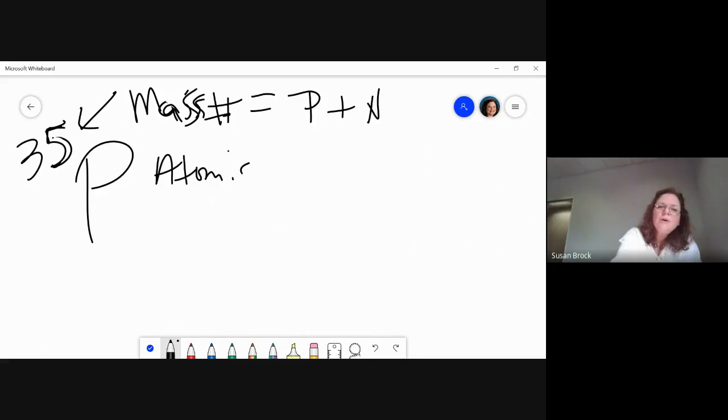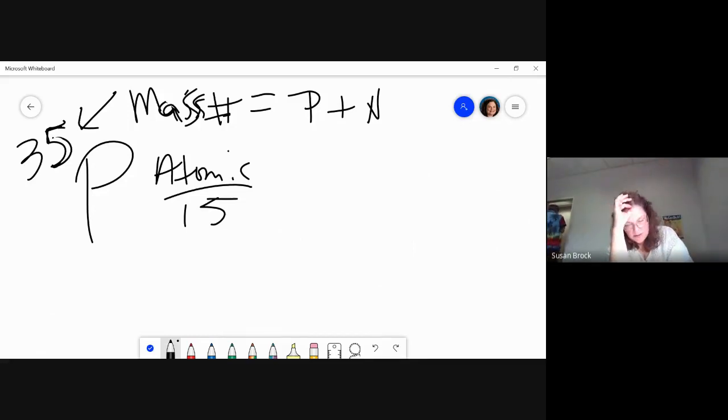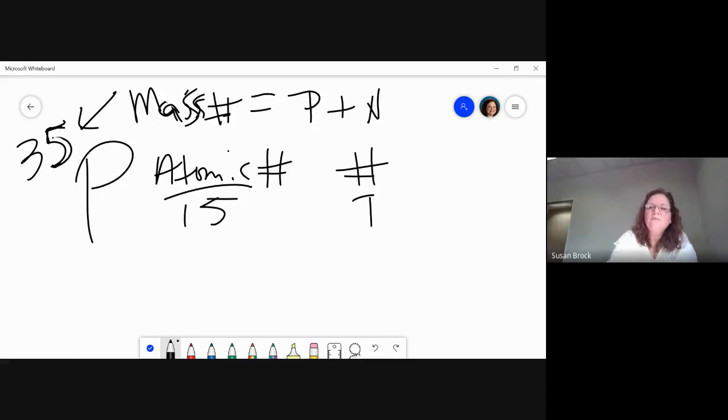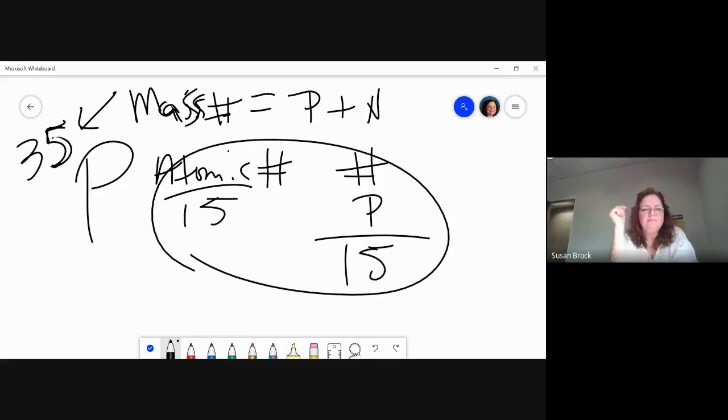And we know from the periodic table it was 15. So if the atomic number is 15, do we know the number of protons? Yes, we do, because the atomic number and the proton number are the same. Number of protons gives us the atomic number.